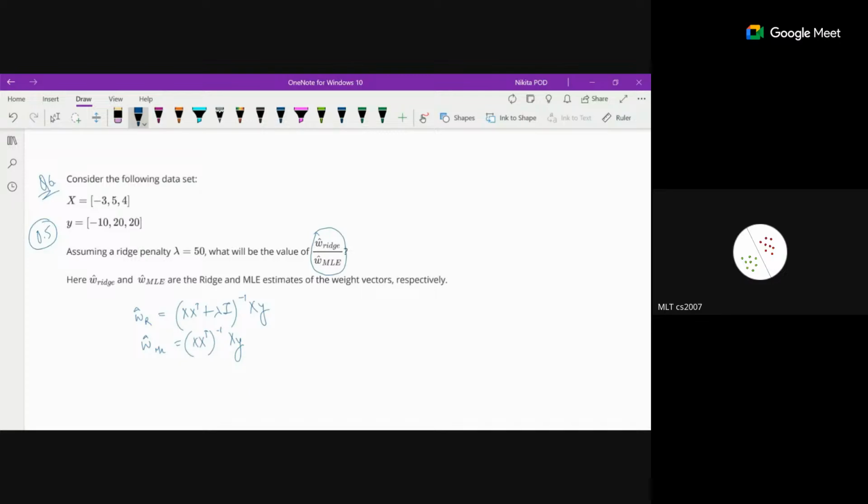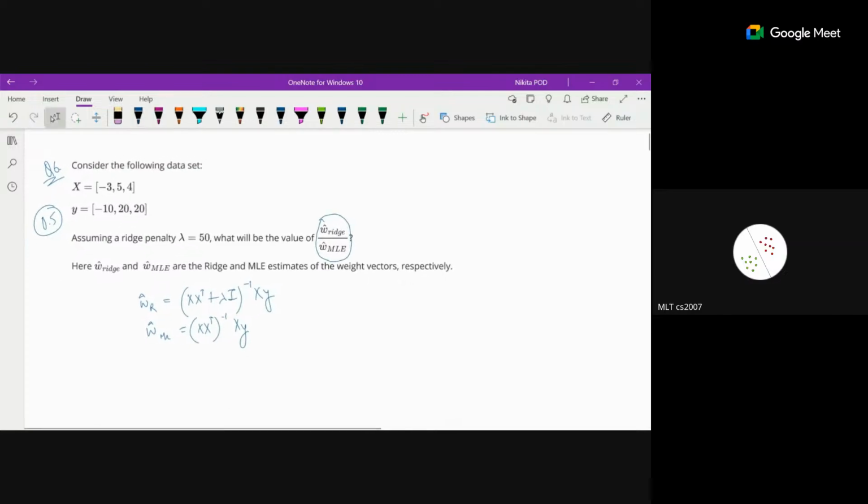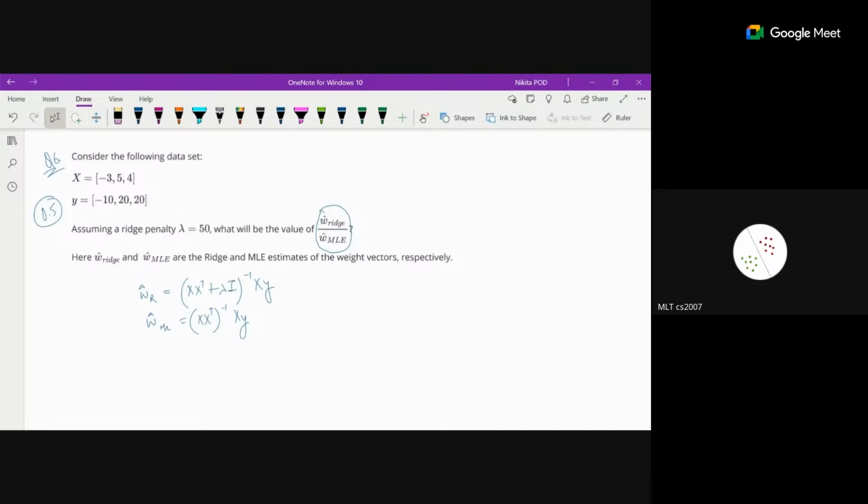Now, lambda is given to you as 50, right? So X transpose X would be 50. 50 plus 50 would be basically 100, so the inverse would be 1 upon 100.